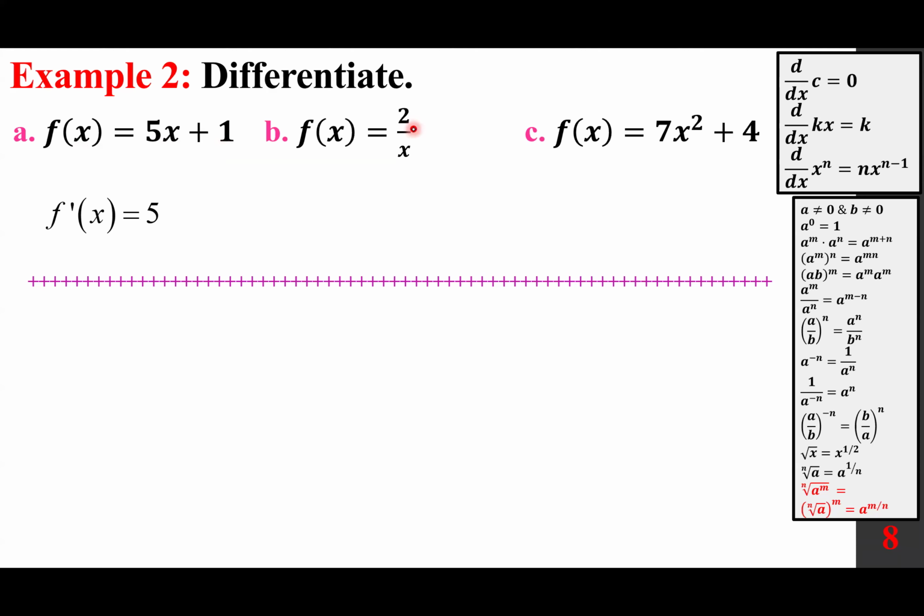Now, this one, you have to put it in a format so that you can use the power rule. As you look at these exponential rules, and we're going to use the negative exponential rule, I can bring the x up and make it 2x to the power minus 1, ready for the power rule.